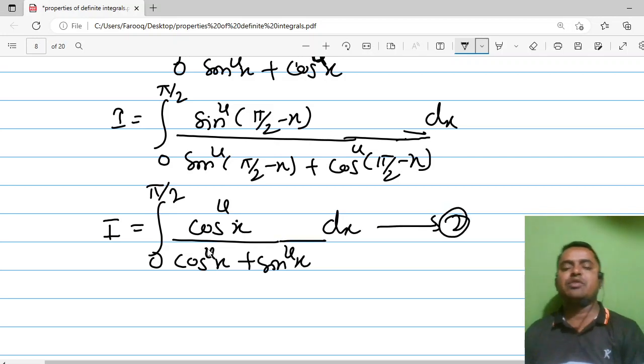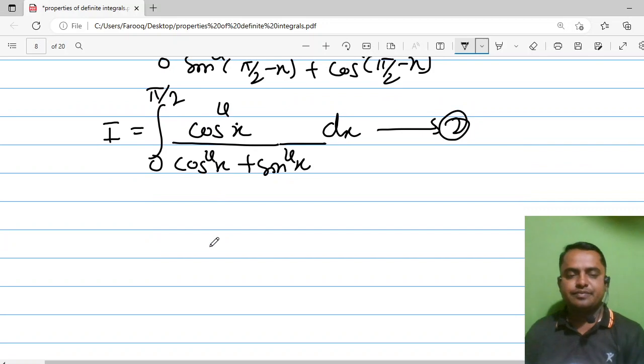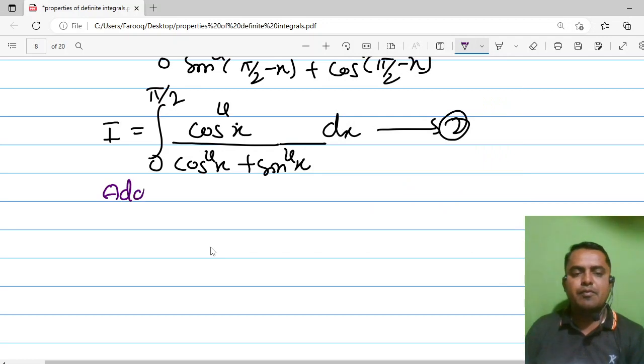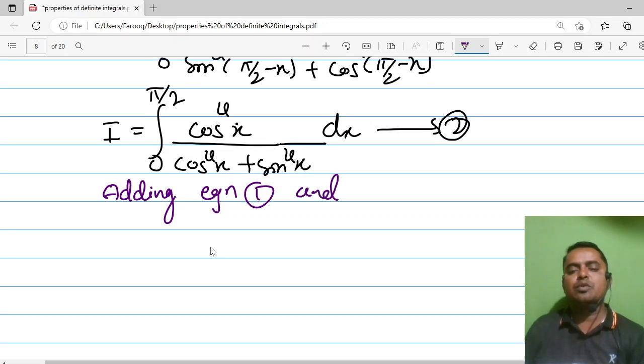Adding equation 1 and equation 2, I plus I is 2I.